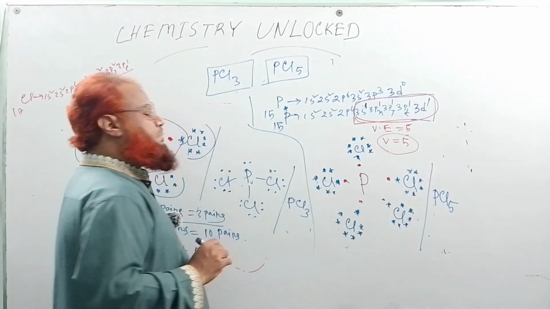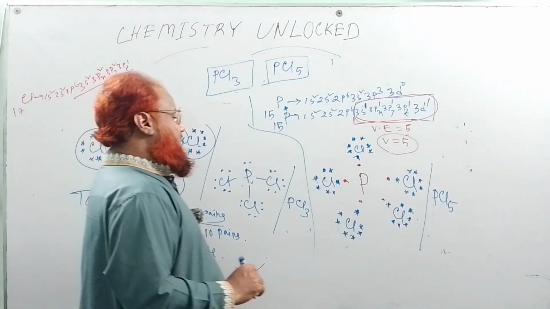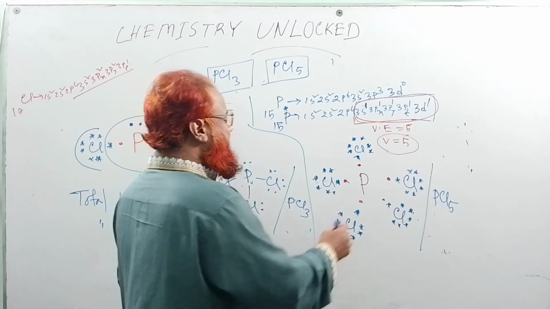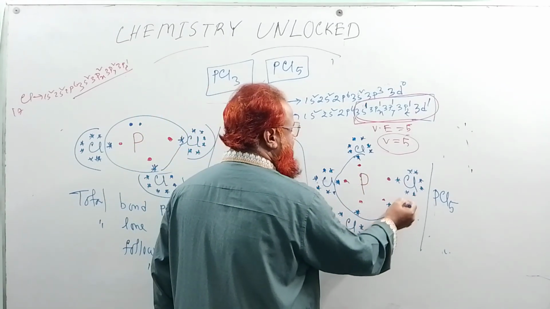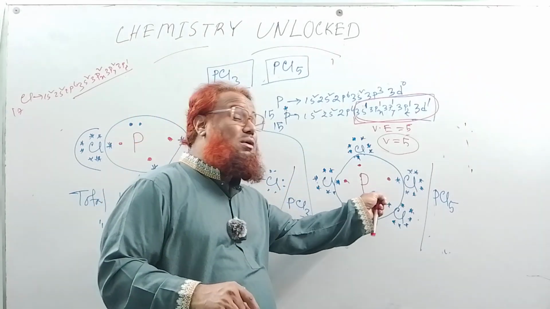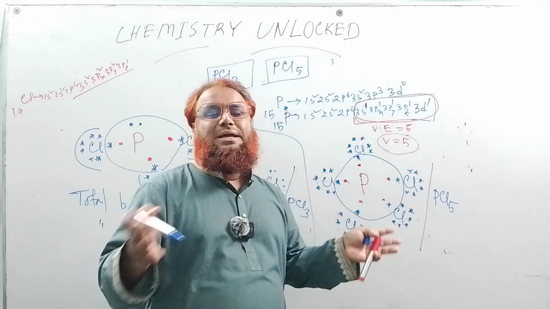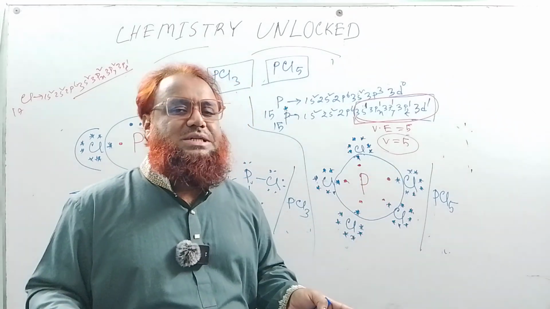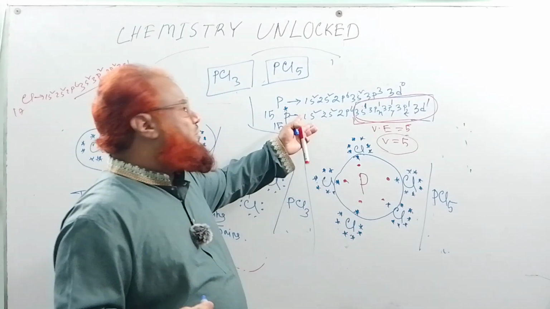Now my question is, does it follow the octet rule and duet rule? Okay, look at here. How many electrons are present surrounding the central atom phosphorus? My dear student, there is no lone pair surrounding phosphorus, but there is a lone pair surrounding chlorine. So it is a very good MCQ question: is there any lone pair surrounding the phosphorus atom in the structure of PCl5?